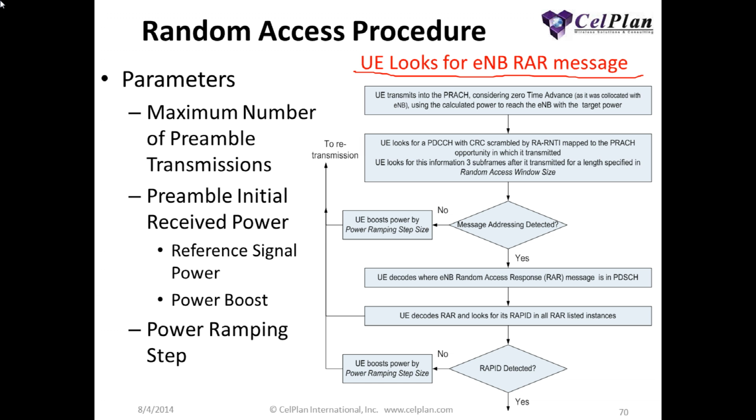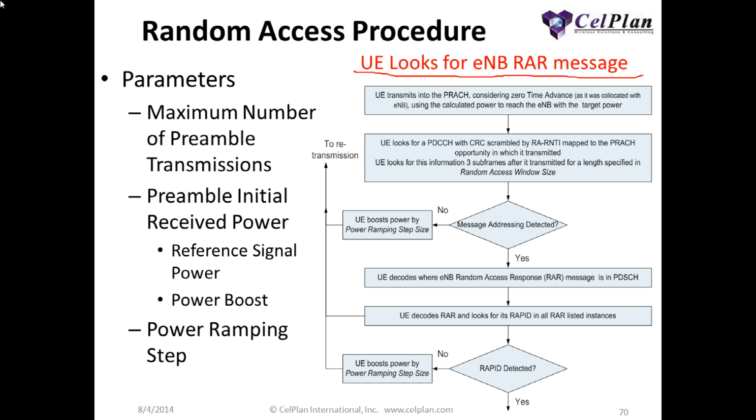So now the UE starts looking, within the window specified in SIB2, for a PDCCH that is scrambled with the RA-RNTI, and this RA-RNTI is a single value for all UEs.